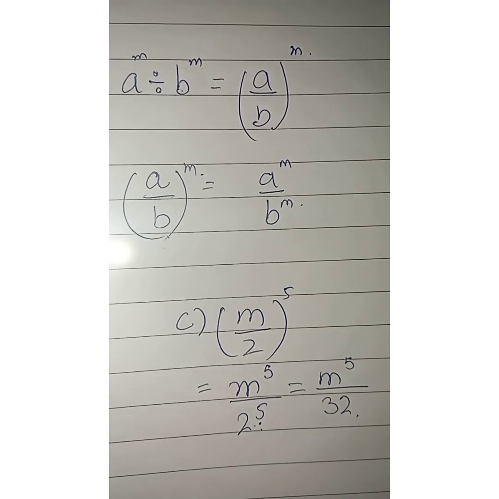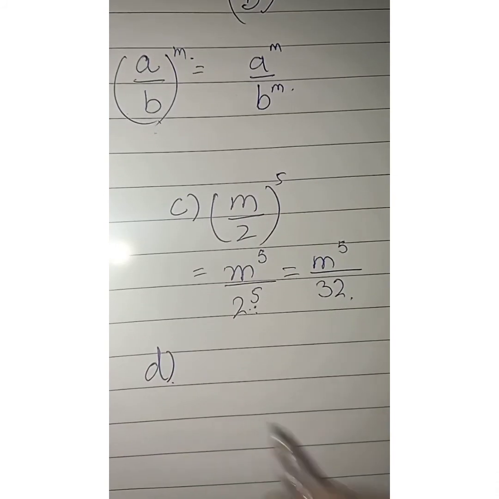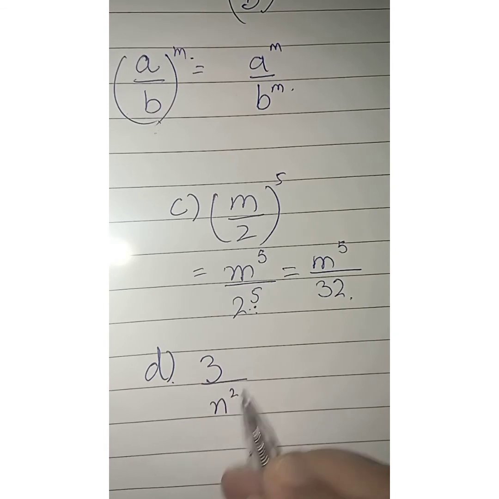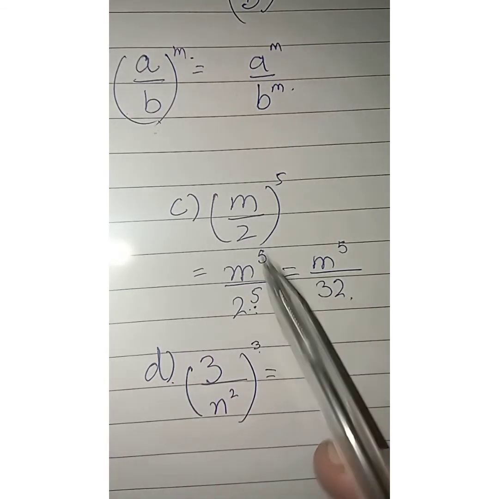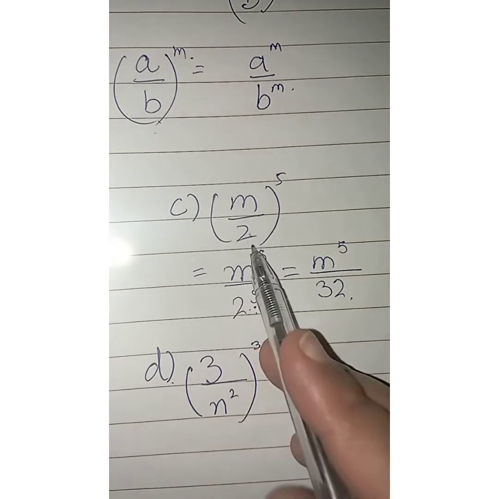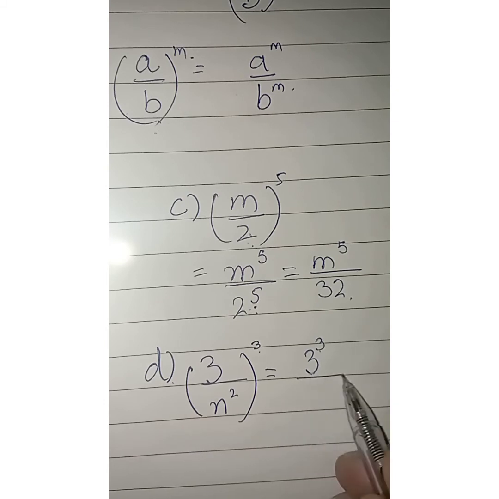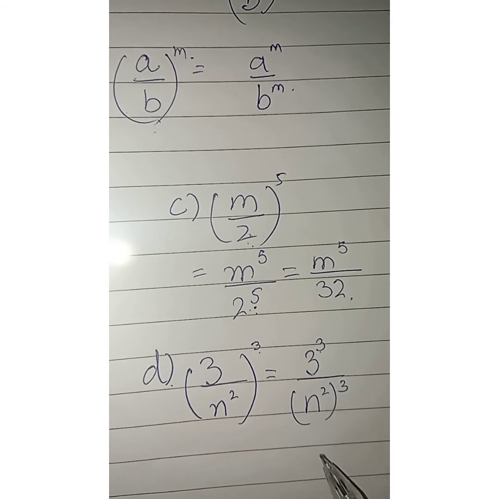Now when it comes to D part, we have (3^3/n^2)^3. Now we will apply the same rule, just like in the above part. We will apply 3^3 over n^(2 times 3). Now over here we have another thing, which is the power of power rule in the bottom.